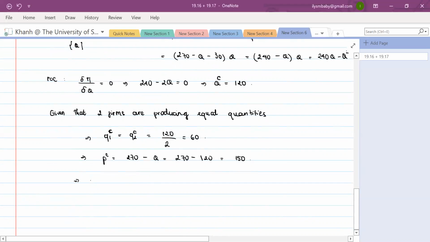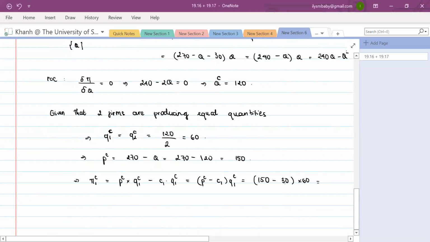And so the profit for firm 1 is equal to the price times the quantity produced by firm 1 minus the total cost, which is the marginal cost for firm 1 times the quantity produced by firm 1. In this case, it's just going to be PC minus C1, everything times Q1C. So PC is 150, C1 is 30, and Q1 is 60.